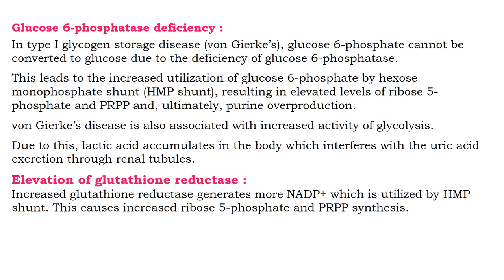This causes increased ribose 5-phosphate and increased concentration of PRPP. If there is an increased concentration of PRPP, definitely we are going to make more nucleotides. If they are undergoing degradation, then it increases the concentration of uric acid. If this uric acid deposits in the joints, then we get arthritis.